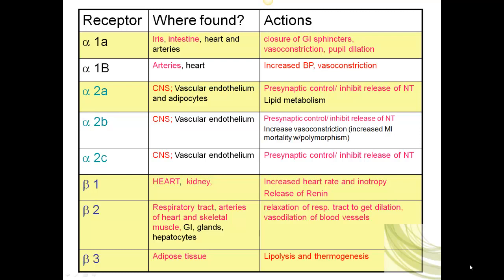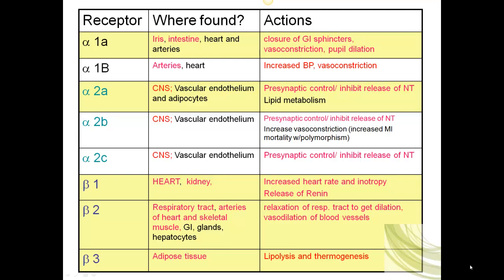So for testing purposes, alpha 1 receptors are highly expressed and used on the involuntary effectors, on the radial smooth muscle fibers in the iris. We talked about that in class. On the intestines, gut, I just want you to think of it as gut, and on arteries.